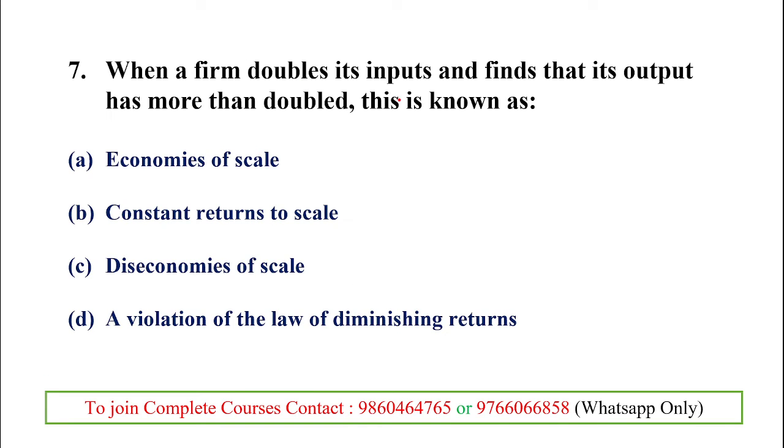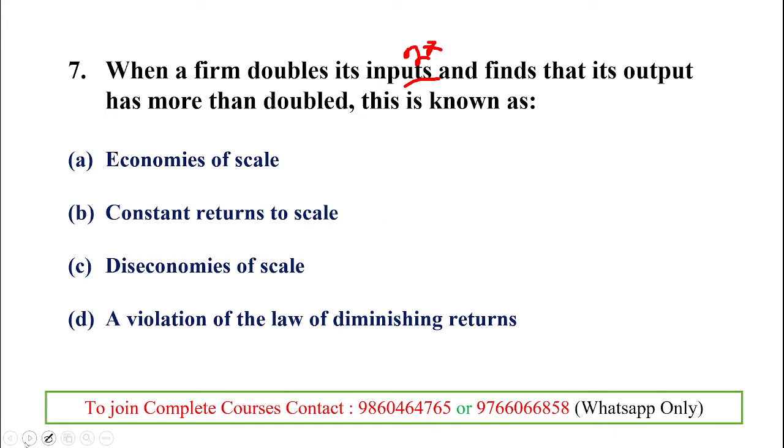Then the firm doubles its input, and the output more than doubles. What is this known as? Economies of scale, constant returns, diseconomies of scale, or violation of the law of diminishing returns? Here the input doubles, but the output more than doubles.